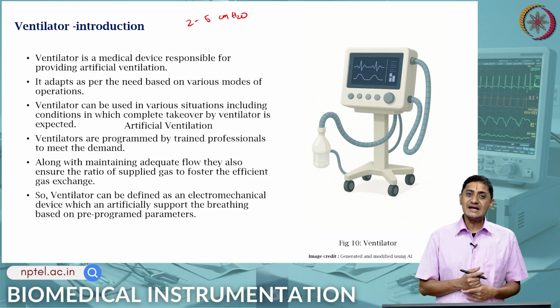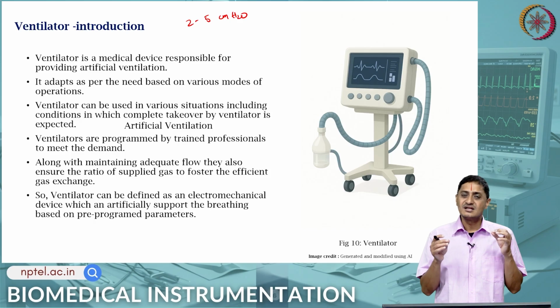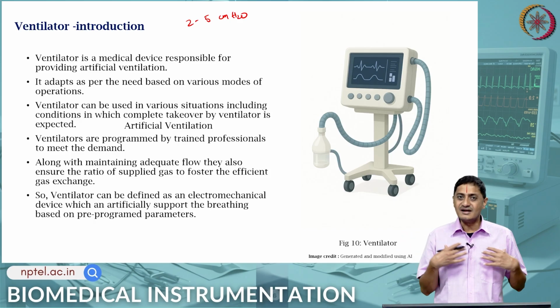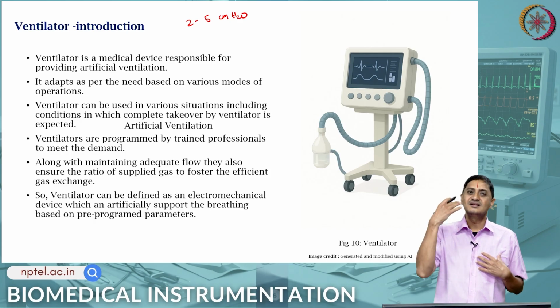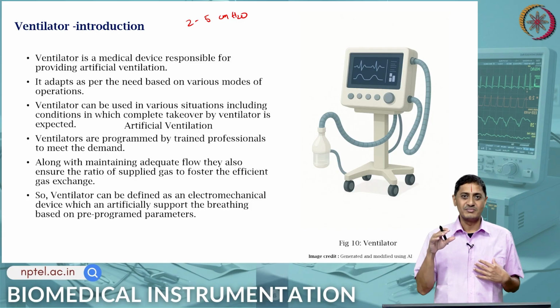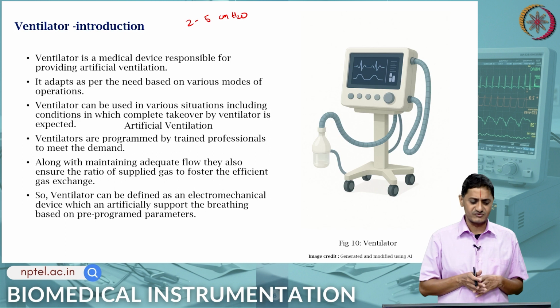Because of this pressure gradient, this gradient exists between the external world and the inside of the thorax and the lungs. Due to this reason, there is a natural flow of breath inside. It is actually way more complicated than that. I am oversimplifying it, obviously.